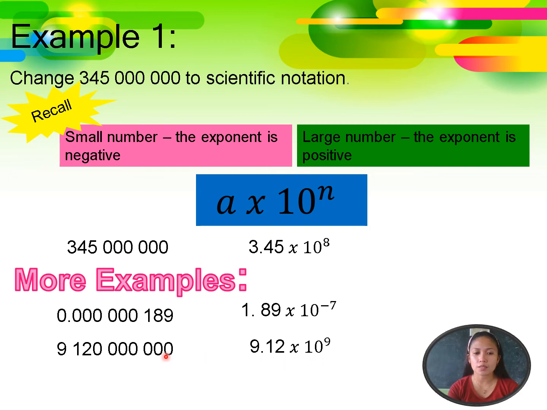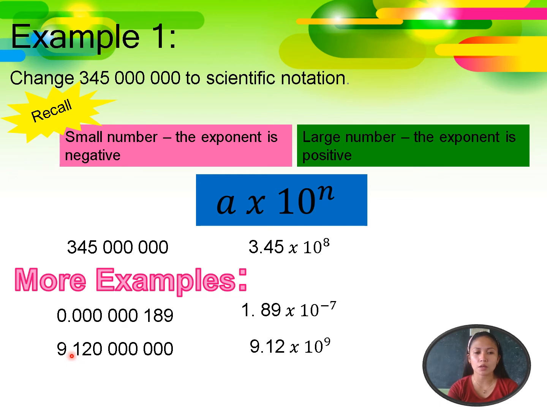Where did we get 9.12? So we have here, it's understood that there is a decimal point here, and we'll move this one to the left. So 1, 2, 3, 4, 5, 6, 7, 8, and 9.